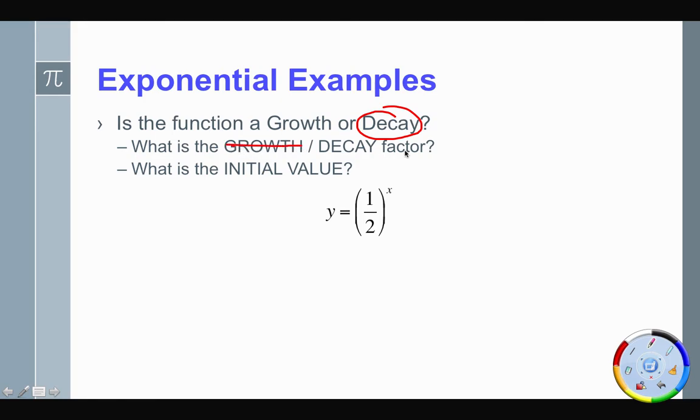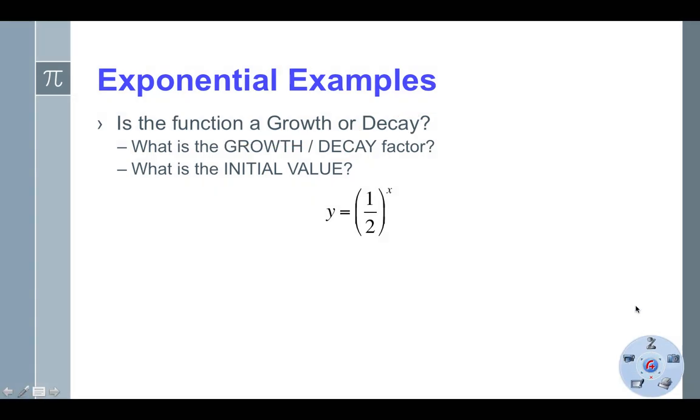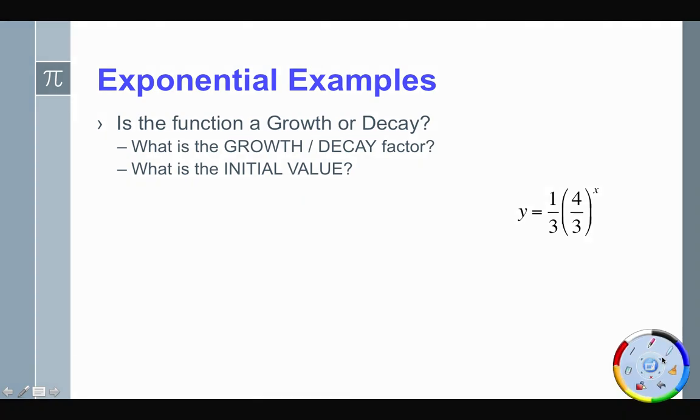It's not a growth factor, so the decay factor is that value of b, which is 1/2. And the initial value is the a. Well, since a can't be 0, that means a here is 1. I want you to be able to look at these equations that quickly and determine what type and all the pieces of your functions.